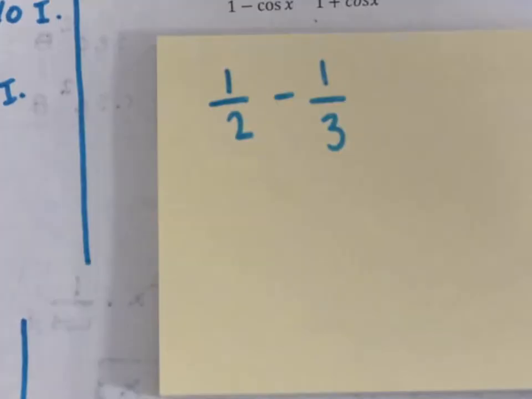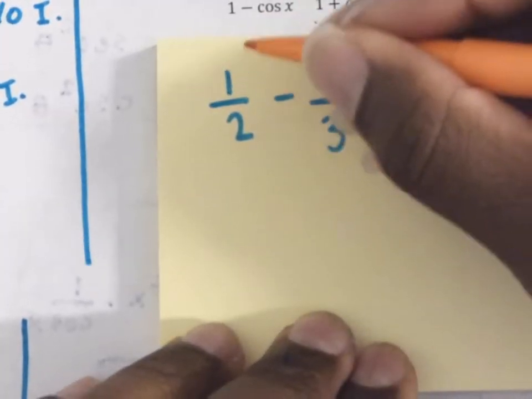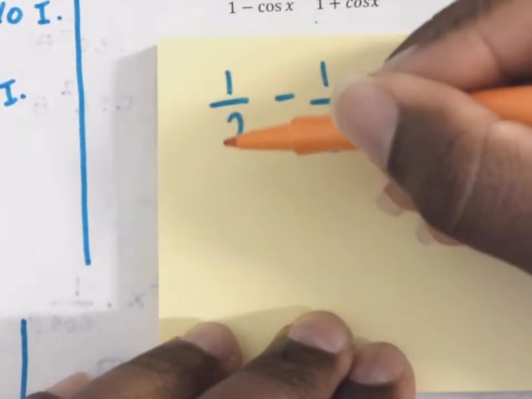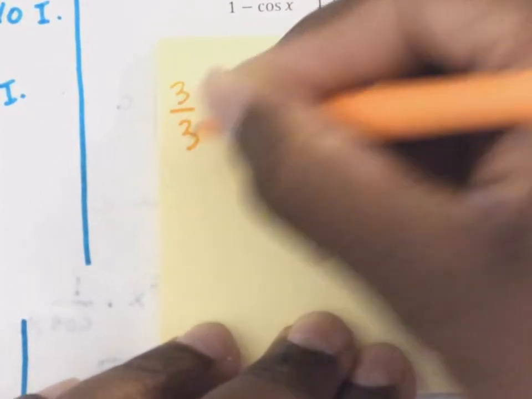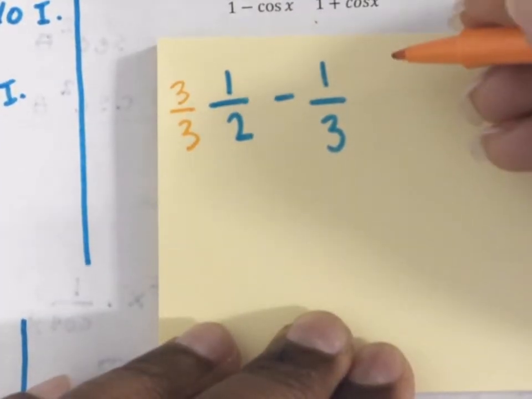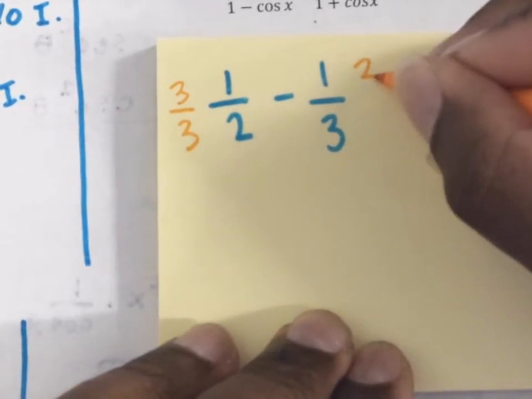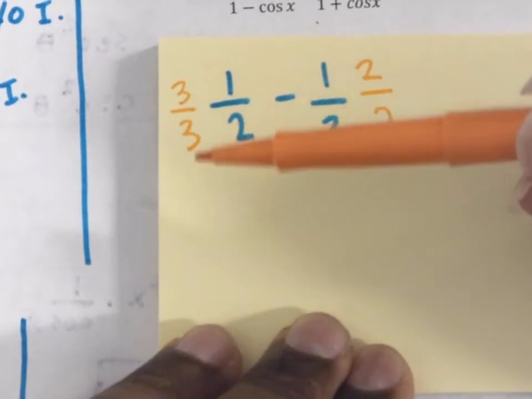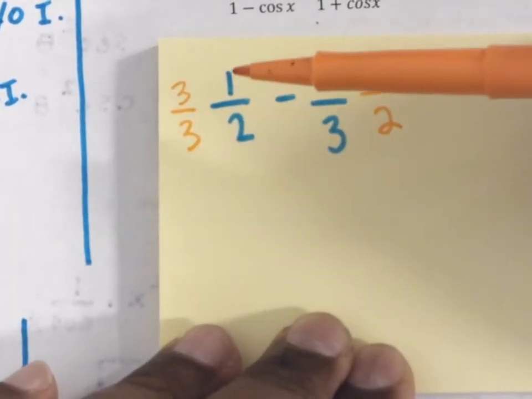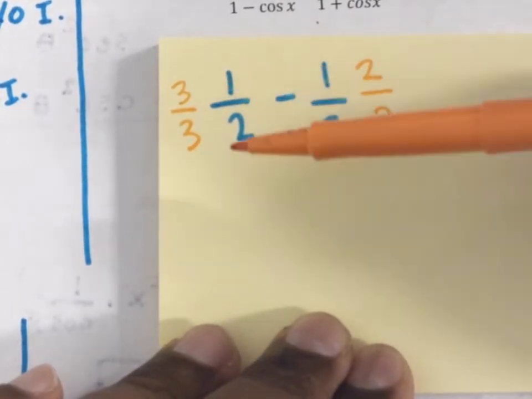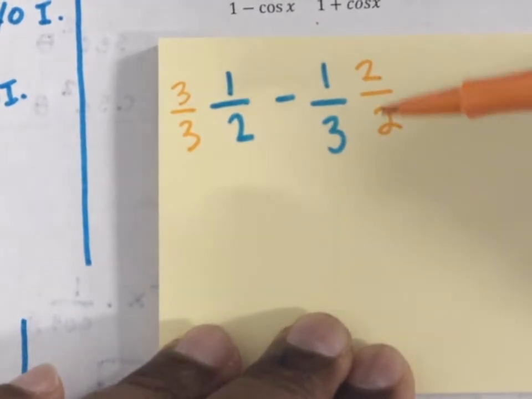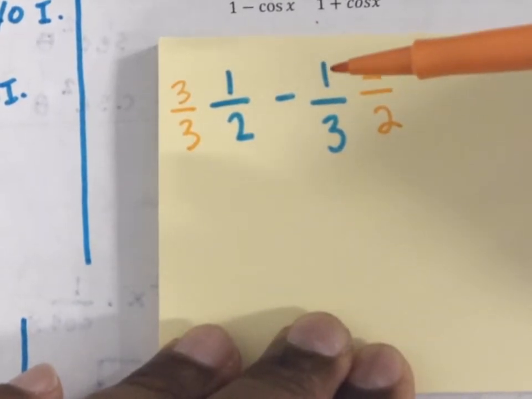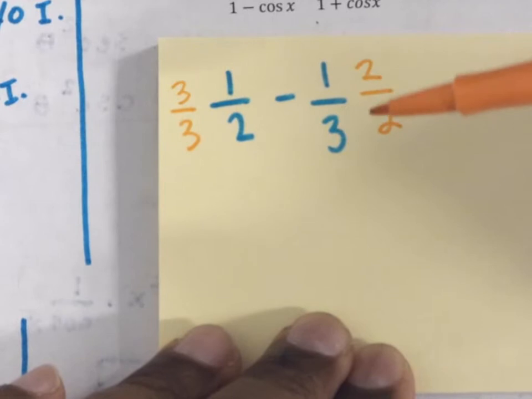So what would I multiply the top and the bottom by over here? 3 over 3. What would I multiply this side by? 2 over 2. Okay? 3 divided by 3 is 1. That's not going to change the value of my fraction, multiplying it by 1. 2 over 2 is also 1. That's not going to change the value of 1/3 because I'm multiplying by 1.